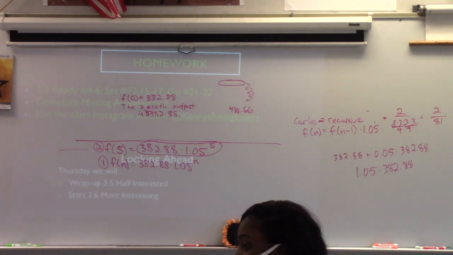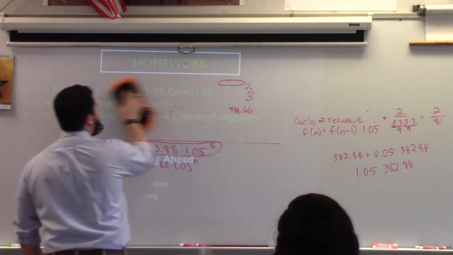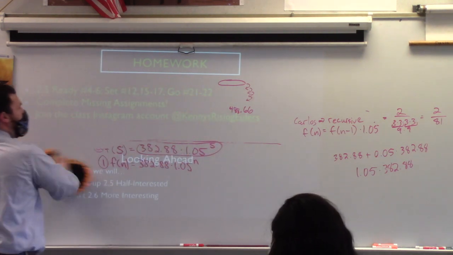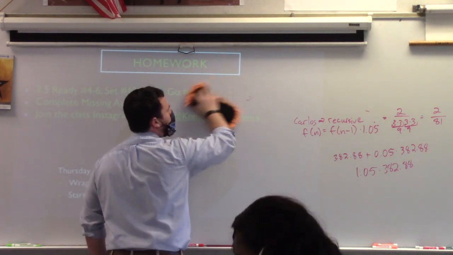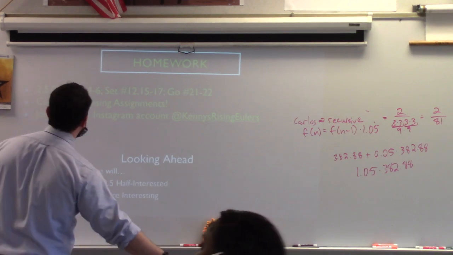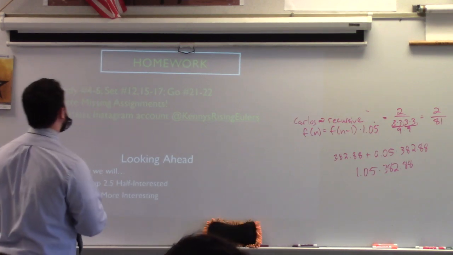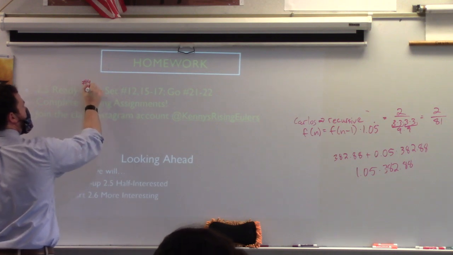Here's your homework. Complete any missing assignments. Numbers 4 through 6, set number 12, numbers 15 through 17, and go numbers 21 through 22. Let me modify this a little bit since we're behind.